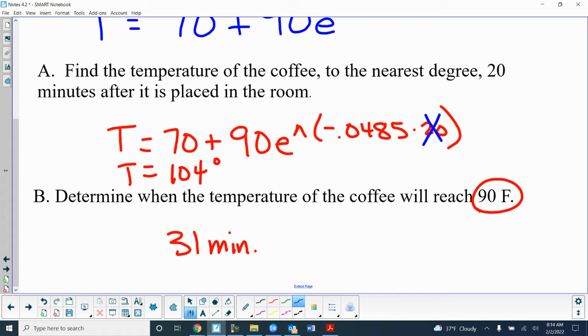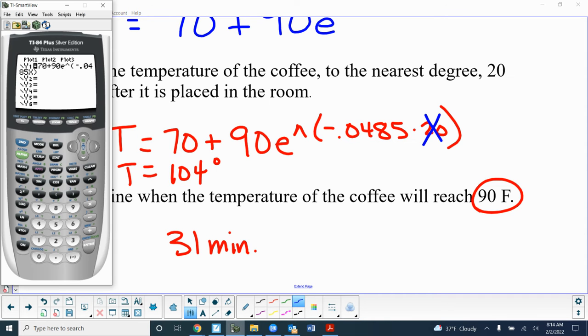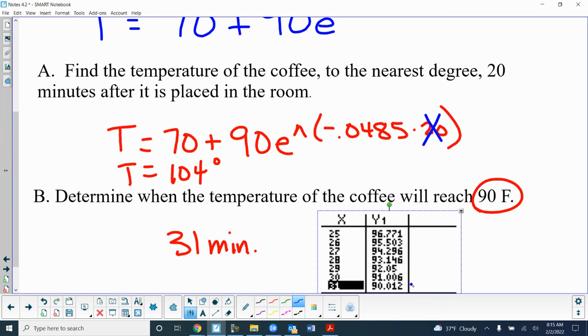Okay? Close it up. Did you remember to close it up? Did you put negative 0.0485? Okay, I'll look at that. Okay, and then go to your table, and your table will find that degree there, your 90 degrees. All right, we're looking for that one.